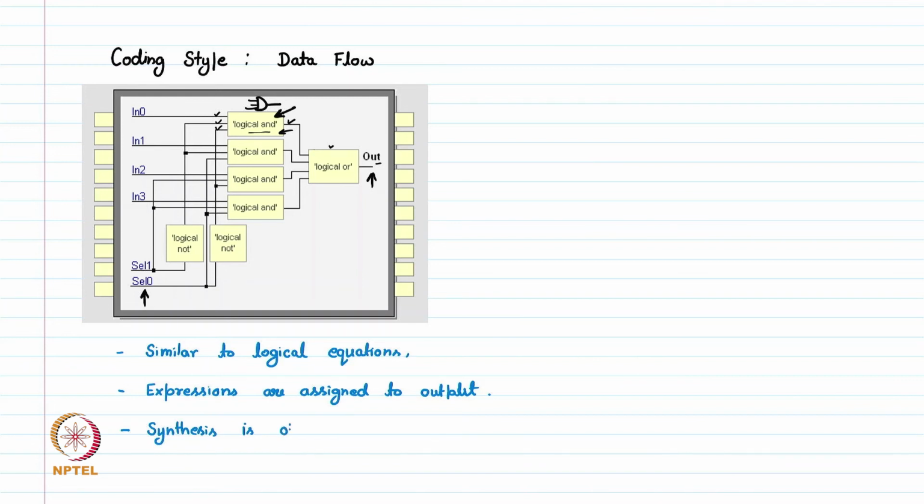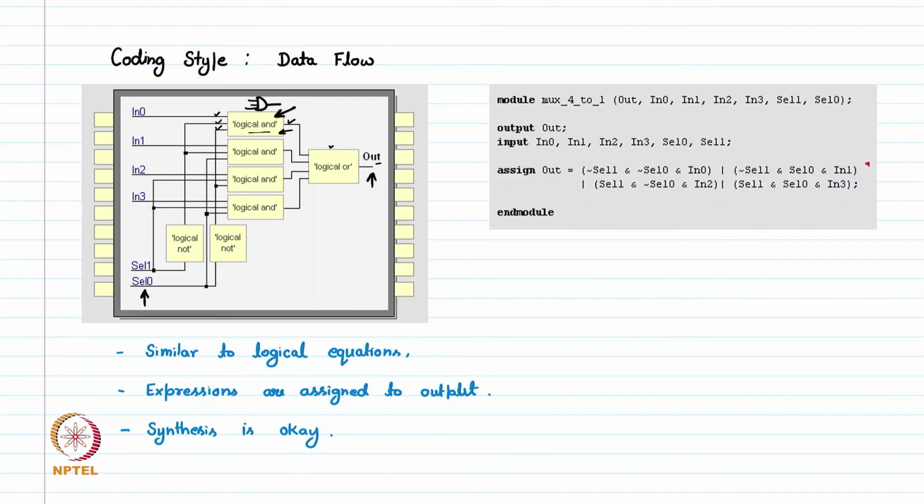is okay. You can synthesize it using some known logic AND and OR gates, and the code in the data flow coding style looks something like this. We have the same module mux, which is 4 to 1. In this is the port list.